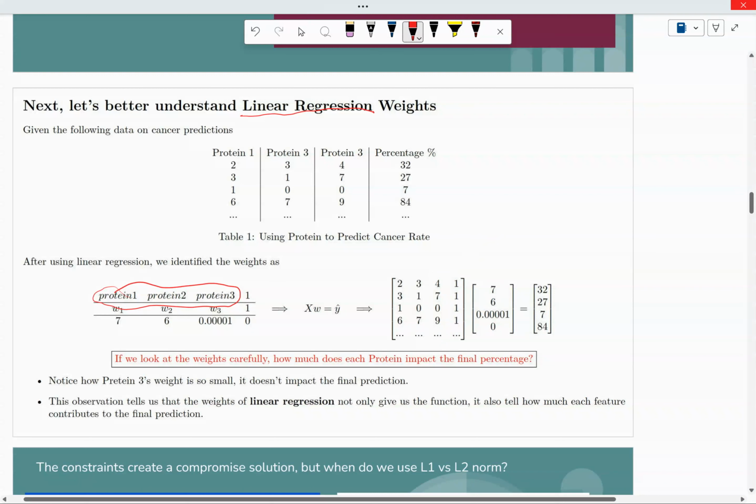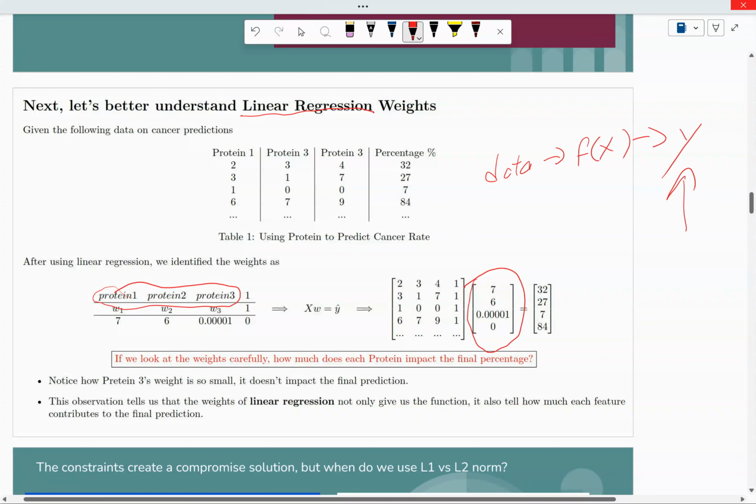The weights of the linear regression actually give us a lot of information. Previously, we only cared about taking the data, passing it into a function, and predicting the label. Okay, so that's what we've been doing, predicting a label.